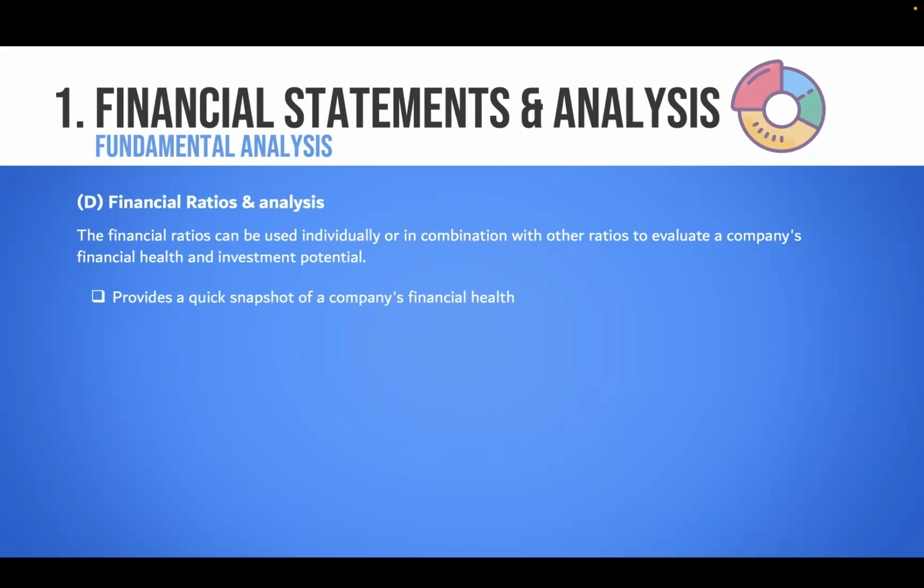So what do the ratios do? Basically they give you a snapshot of the financial health of a company, which will help us make informed decisions, right? It also does benchmarking and trend analysis. If the net profit of last year was higher than this year, then I'm doing something wrong this year.